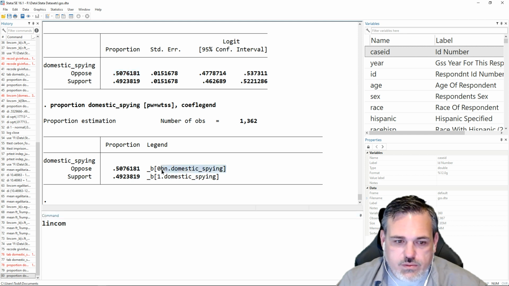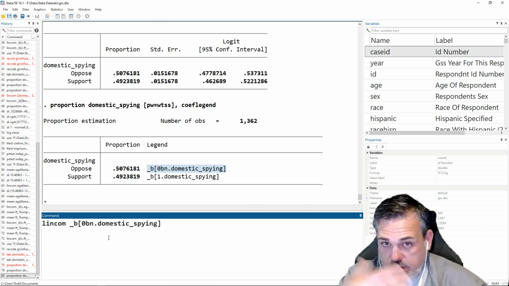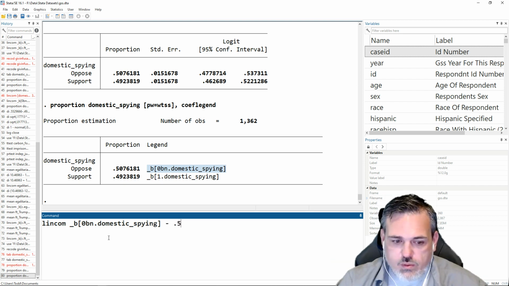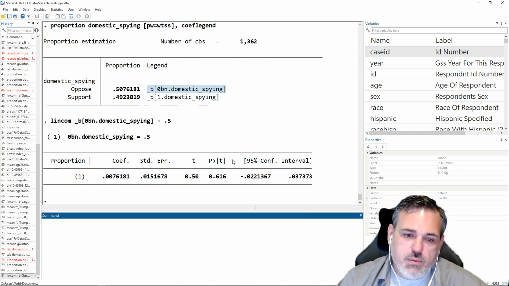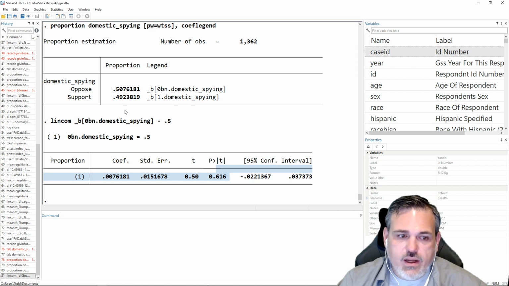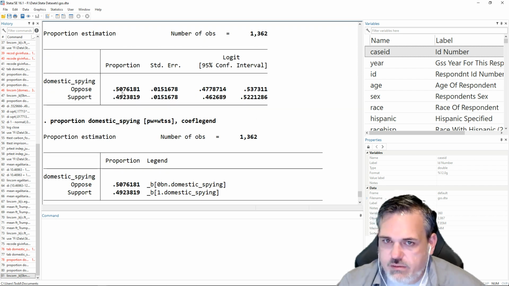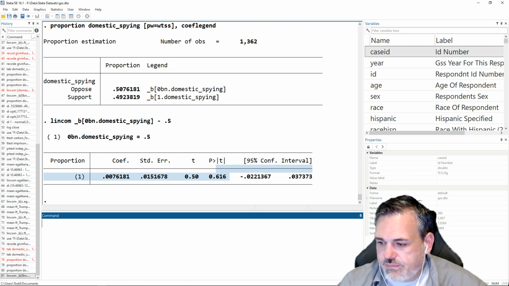So simply take this, put it down here, and we're testing it against a population parameter. And what we find out here is that oppose is not statistically different from 0.5, which shouldn't shock us, as our point estimate was very much within the 95% confidence interval.